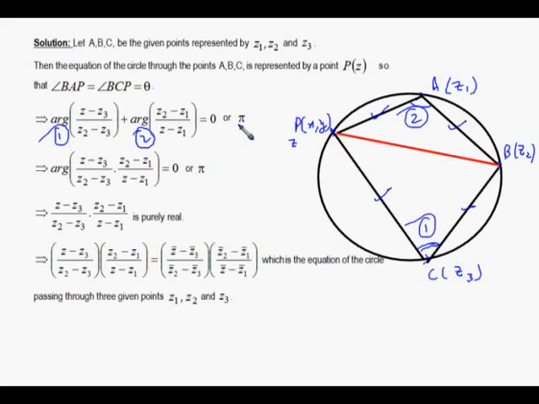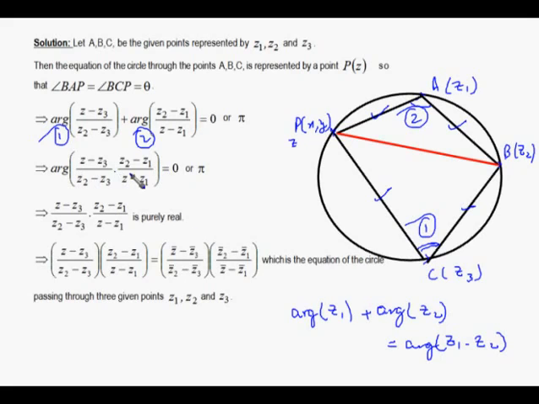I hope this is clear to you now. Now, by remembering the property of arguments, that argument of z1 plus argument of z2 is equal to the argument of z1 multiplied by z2, applying this rule, I will get this is equal to 0.